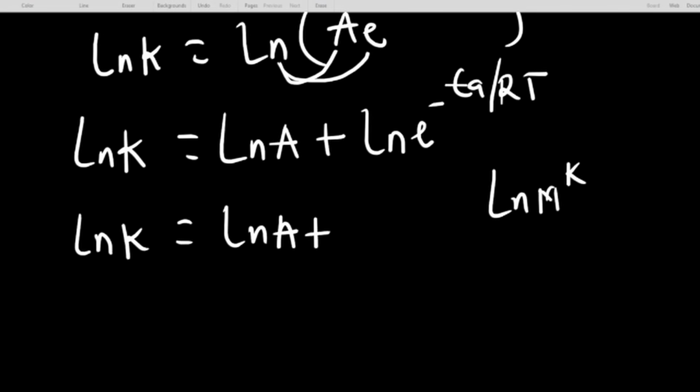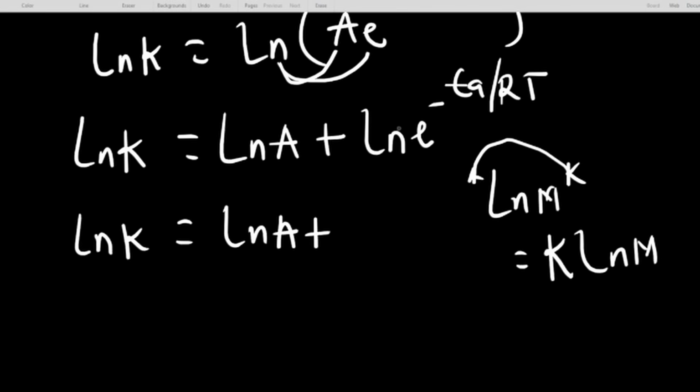So this m is to the power of k. We can rewrite this expression so that the k goes to the front of the logarithm, and we have k multiplied by ln m. Okay? So this only works when the argument of the logarithm is raised to a power.